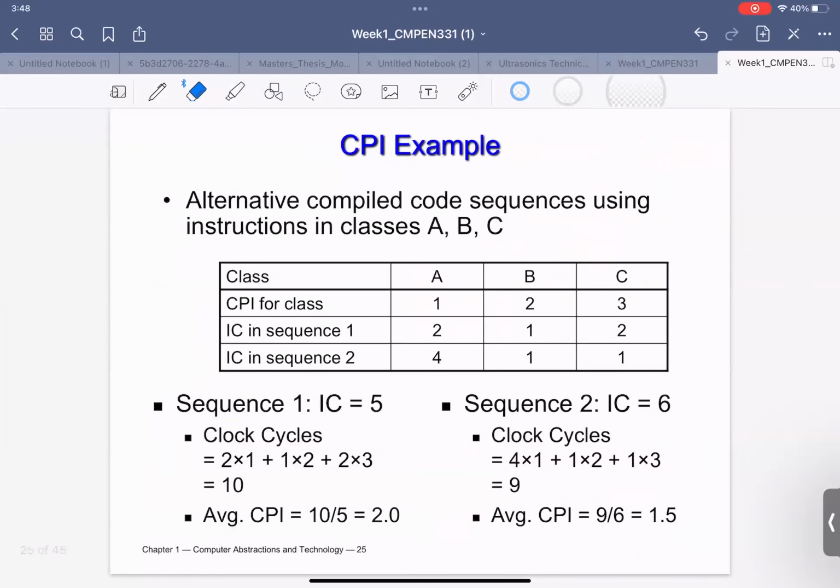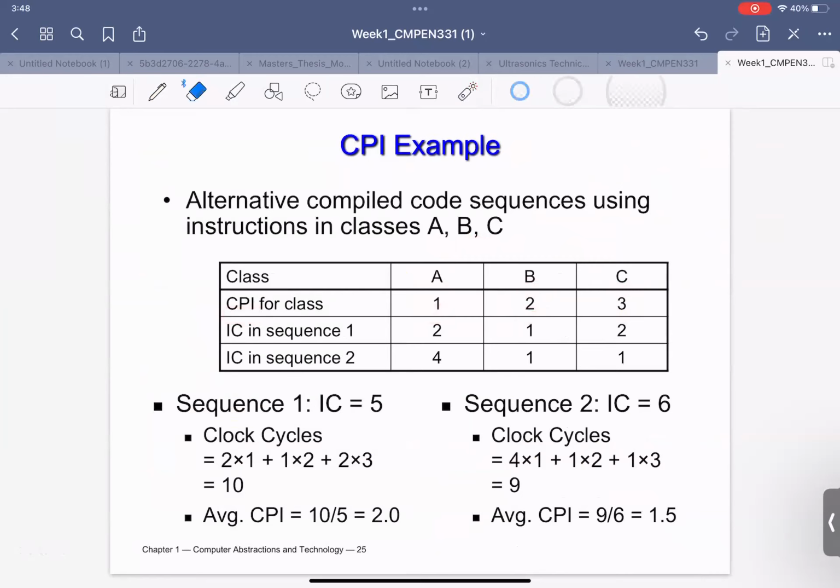So let's take that example. Now we have classes A, B and C. And they're giving me the CPI for each of these classes. The cycles per instruction for class A is 1, B is 2, C is 3.